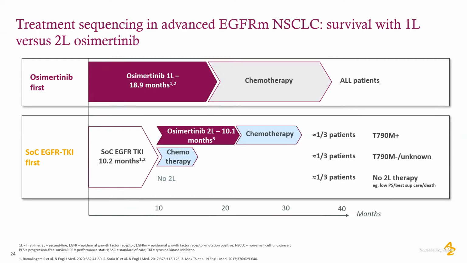So we are not able to give them osimertinib. That's why, with standard of care TKI it is 10.2 months survival compared to 18.9 months, around 19 months. So we are missing around 9 months of this overall survival benefit in these patients who miss their osimertinib. Next.